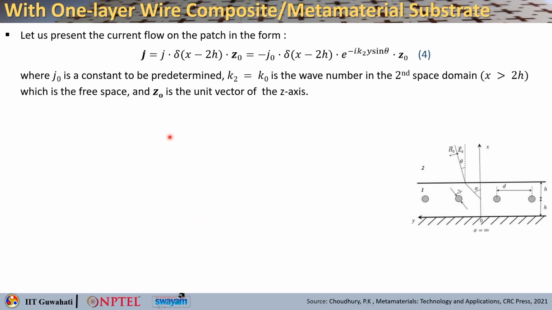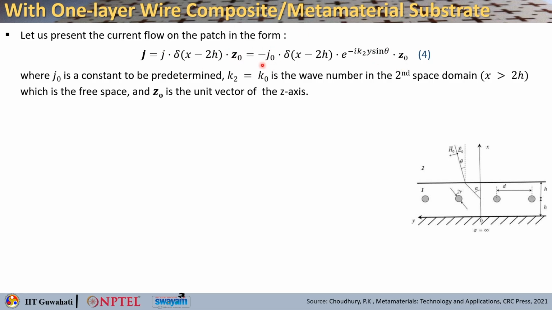Now, let us present the current flow on the patch in the form of J, that can be written as J delta(x minus 2h) times z naught, that is the z cap. So, you can write this as minus J naught delta(x minus 2h) into e to the power minus i k2 y sin theta times z naught.